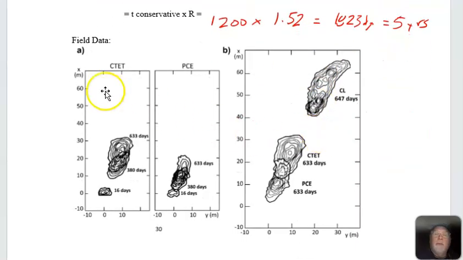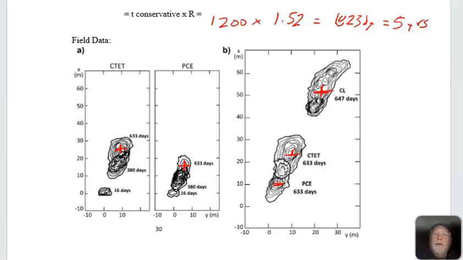We showed these before in the dispersion video, but you can see how the CTET is moving this fast. The PCE is slower, so it didn't get as far because it's more retarded. And in the same time, the chloride is out there.